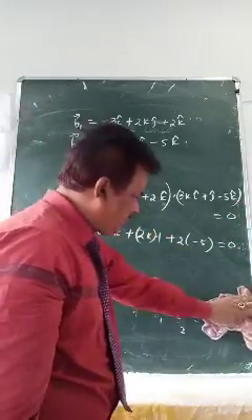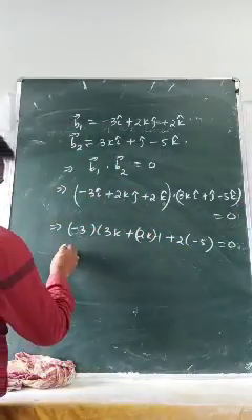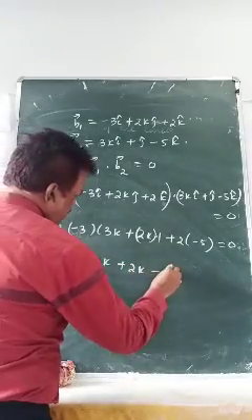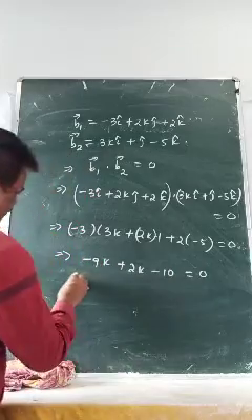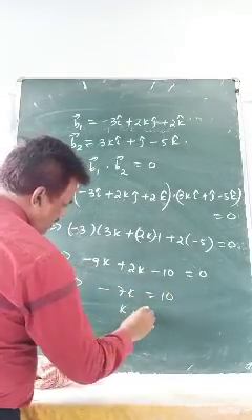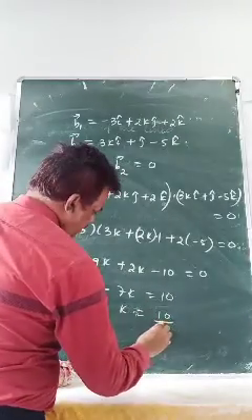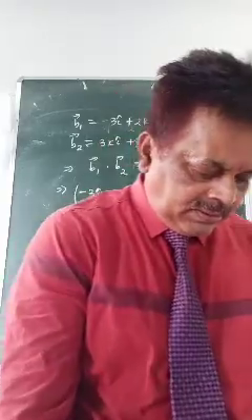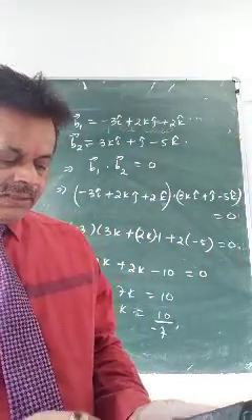How much did you get? Minus 9k plus 2k minus 10 equals 0. Minus 7k equals 10. k is equal to 10 by minus 7. Okay, simple question. More questions are there.